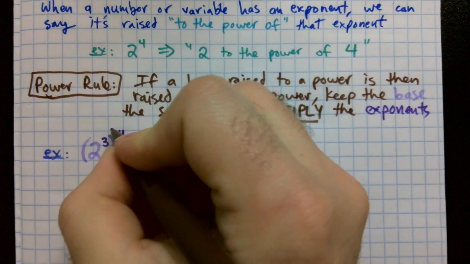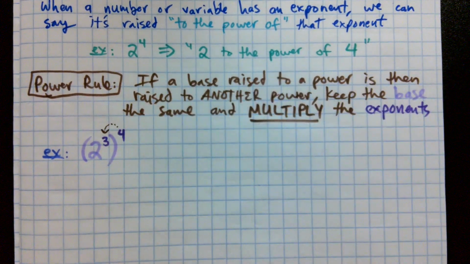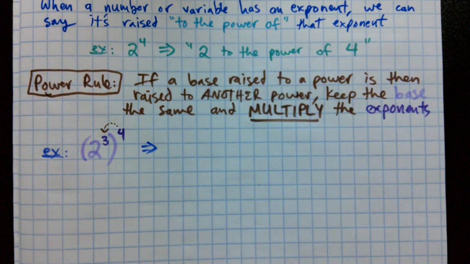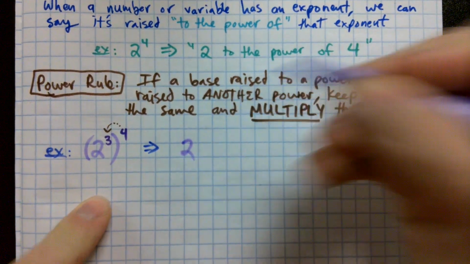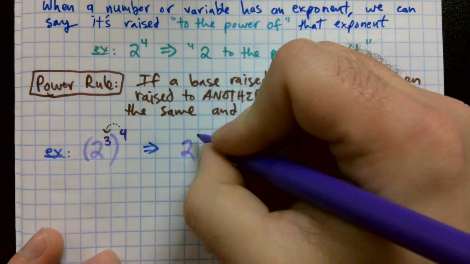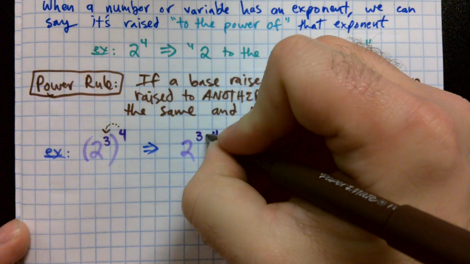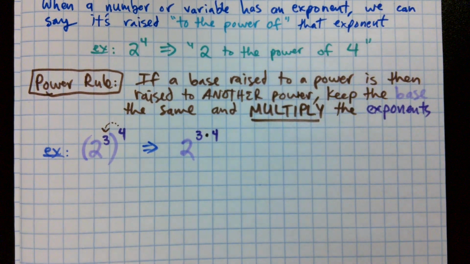So what we're going to do essentially is distribute this 4 to the 3. We'll talk more about distributing later. It's not too important right now, but here's what's going to happen. We keep the base the same, 2, and we take our exponents 3 and 4, and we just multiply them together like that.